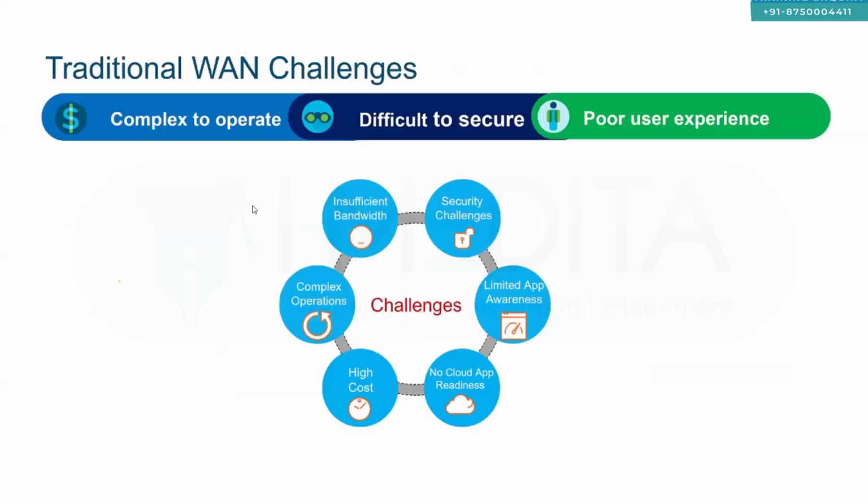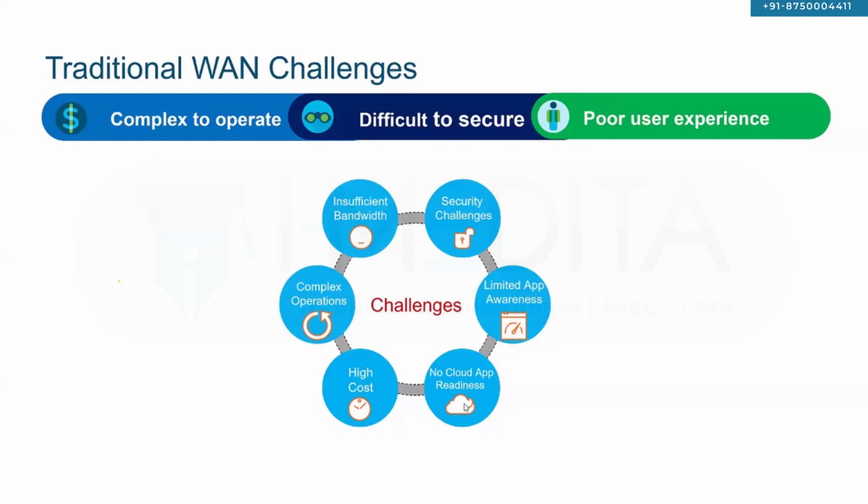So obviously, traditional WAN was complex to operate, difficult to secure, and gave a poor user experience to the end users. Security challenges were there. To secure your communication over the internet, you always needed to establish an IPsec tunnel manually. Limited app awareness was there. We never did application routing on the routers because they had limited app awareness. No cloud app readiness.